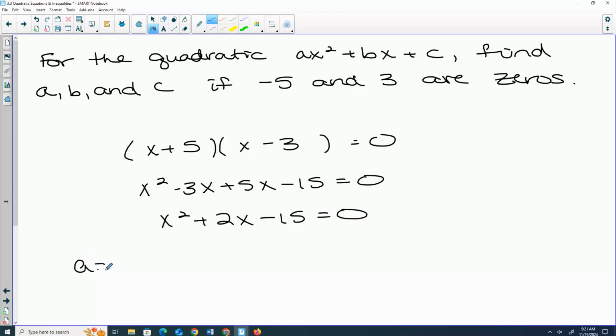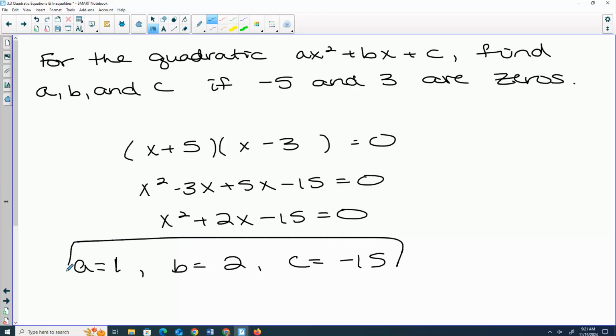So what is my original a value? 1. What is the original b value? 2. And what was c? Negative 15. So we can work backwards and figure out what the quadratic was if we know our solutions.